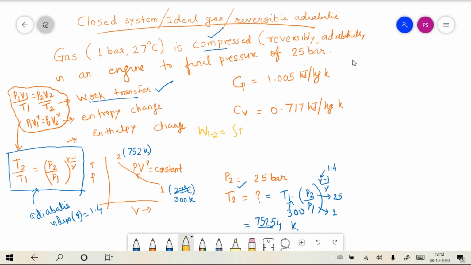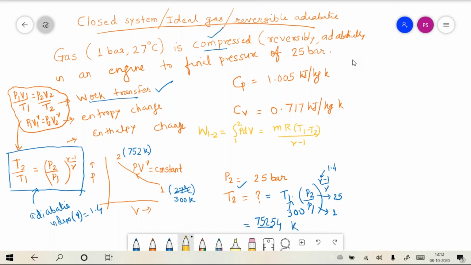So it becomes m R (T1 minus T2) upon gamma minus 1. Another expression I derived is in terms of P1 V1 minus P2 V2 upon gamma minus 1. So this is one expression and this is another, and I will be using this expression now.